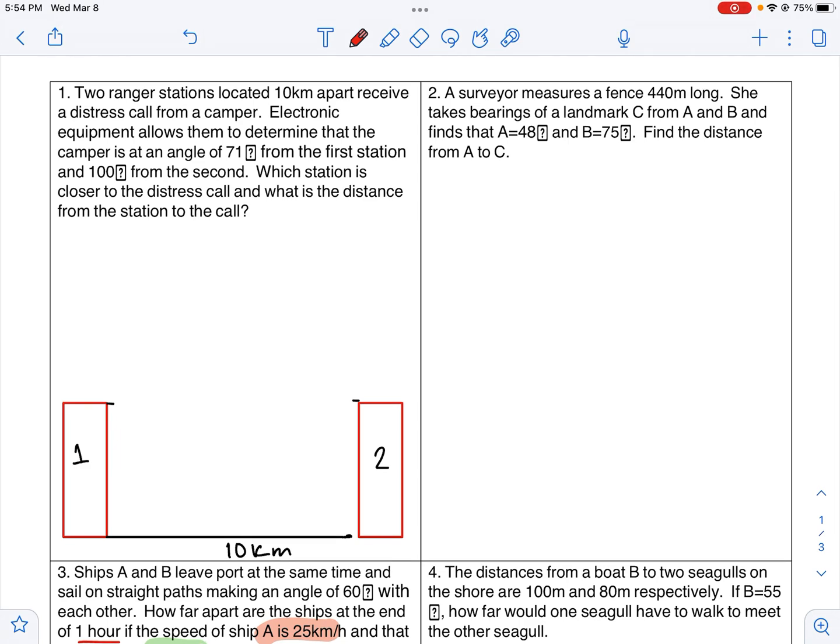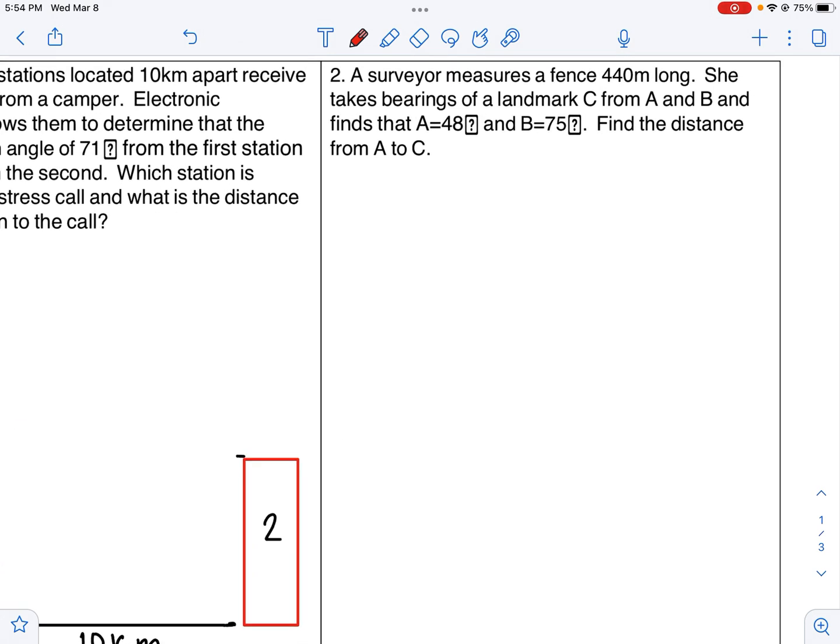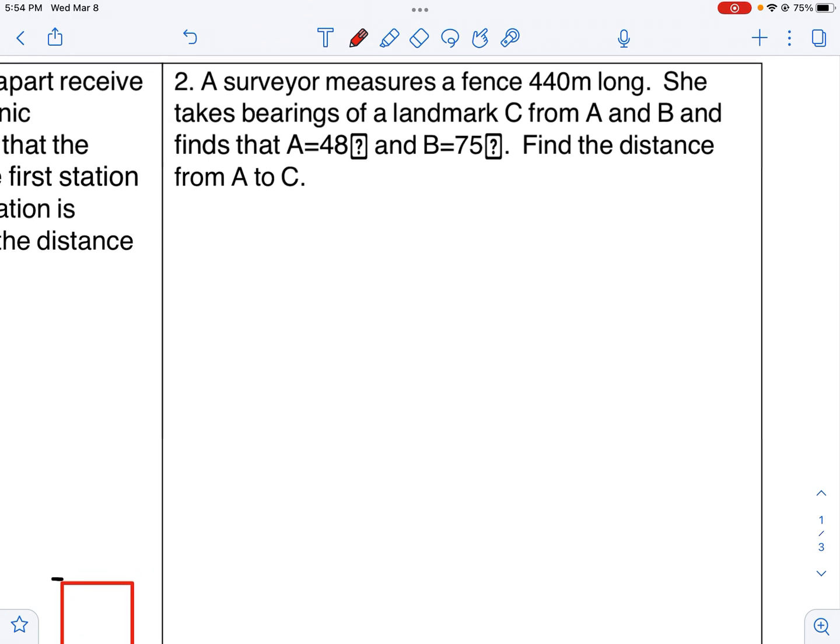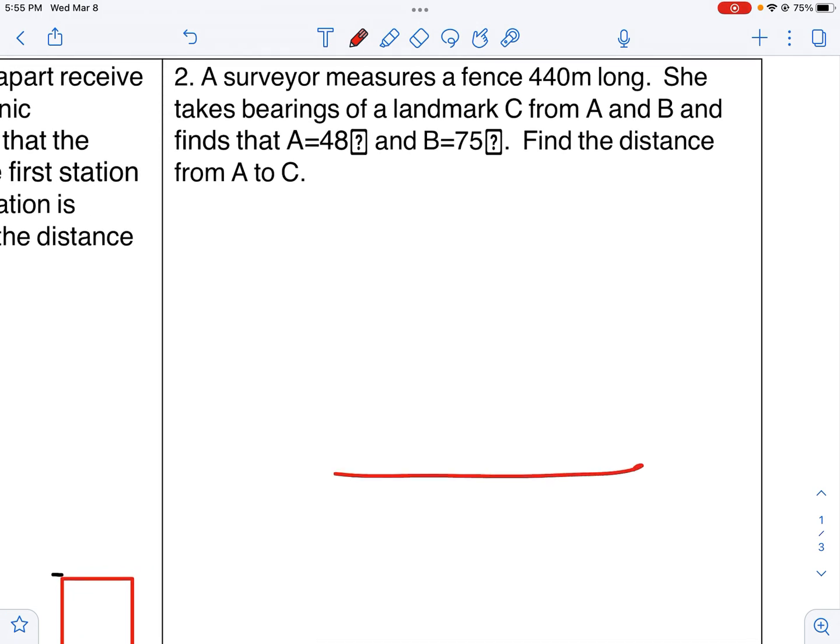And the last thing I want to talk about here on part 2 is going to be our land surveyor measuring a fence 440 meters long.